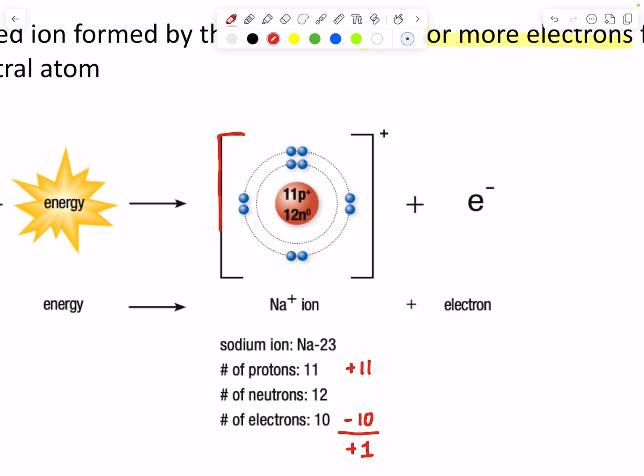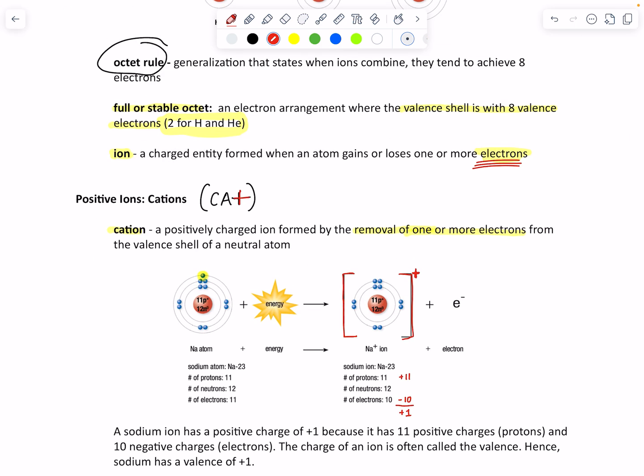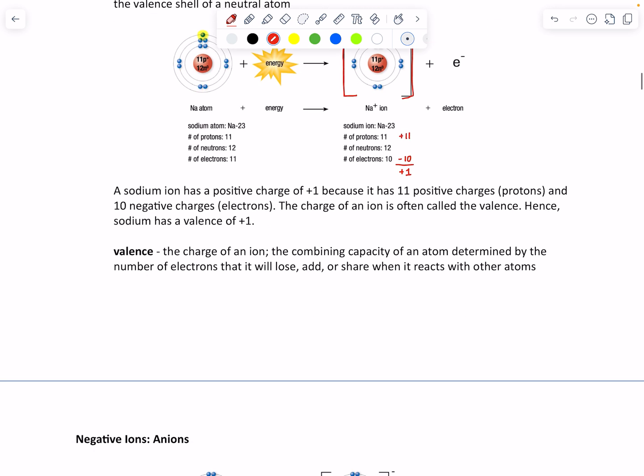Also note that ions are denoted in square brackets where the overall charge of the atom or group of atoms is indicated as a superscript at the top right-hand corner of the rightmost square bracket.